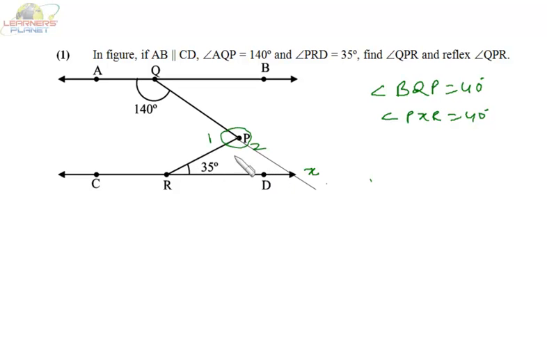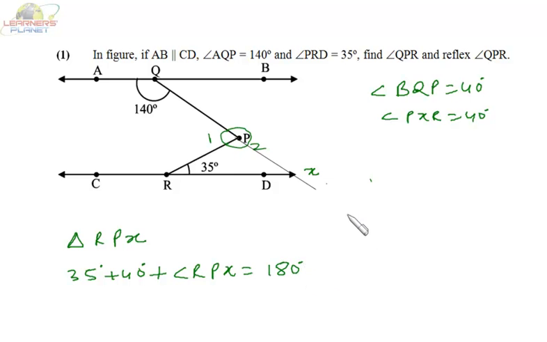Now R, P, X form a triangle RPX. This is 35 degrees, plus this angle is 40 degrees, plus angle RPX is 180 degrees. So angle RPX is 180 minus 75, which is 105 degrees.